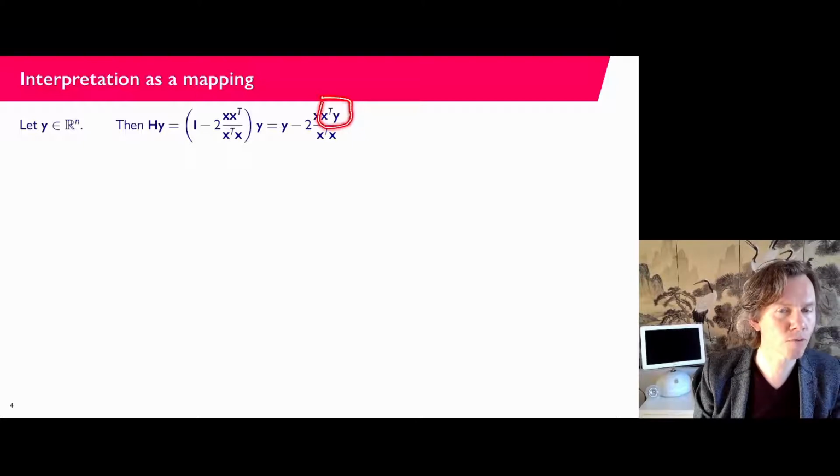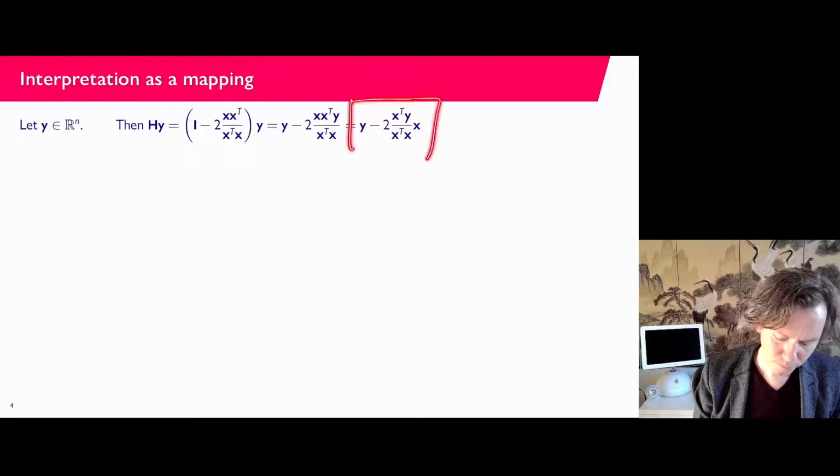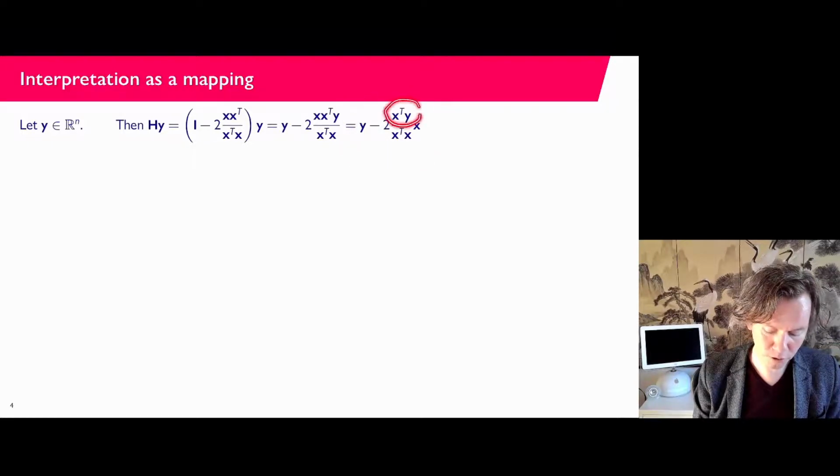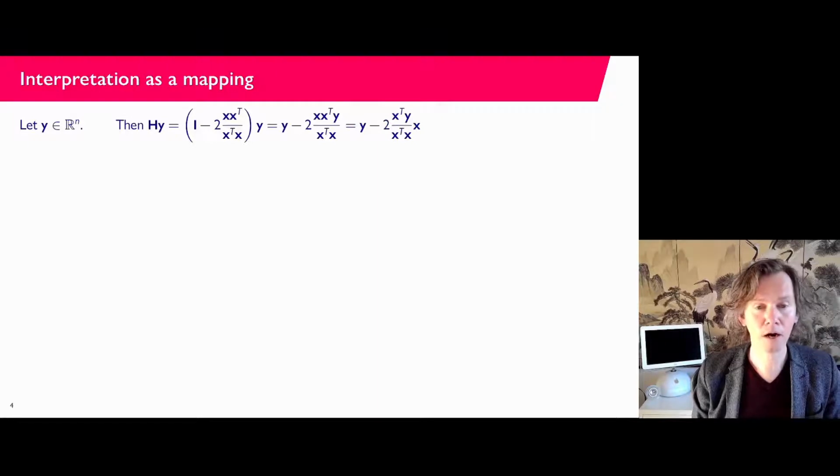This is just an inner product of the two vectors x and y. So I can write that in front of the vector x. And apparently, I can compute what H does to a vector y by computing this. So I take the vector y itself, I compute an inner product with x, and then I subtract these two vectors, and that gives me Hy.